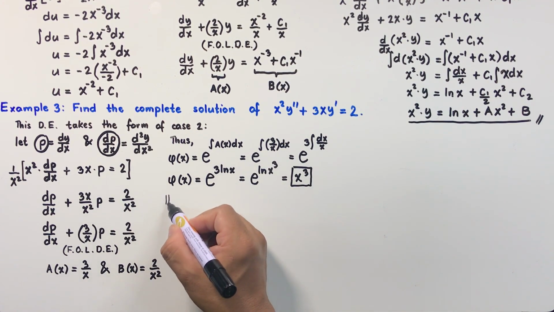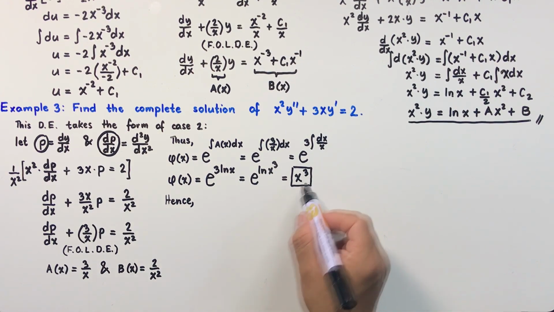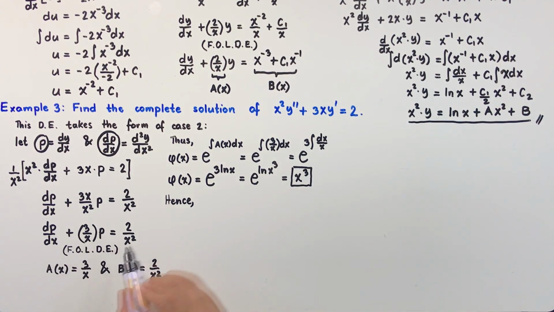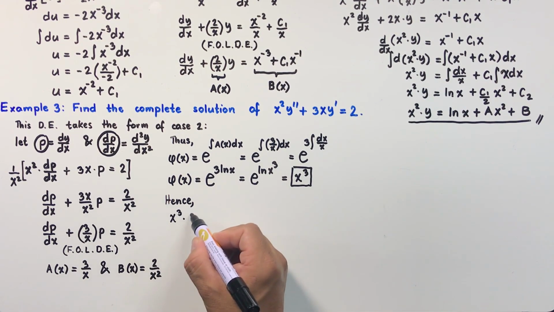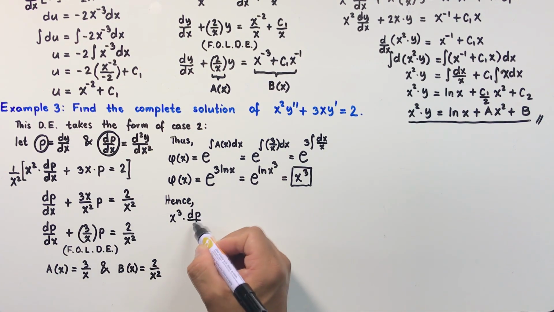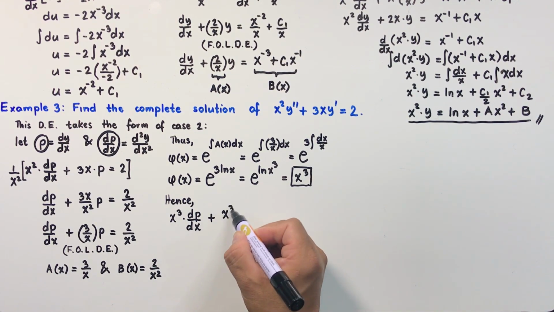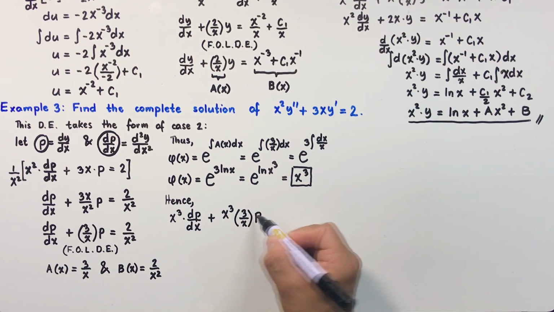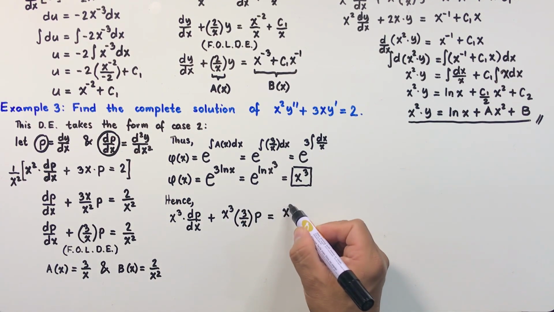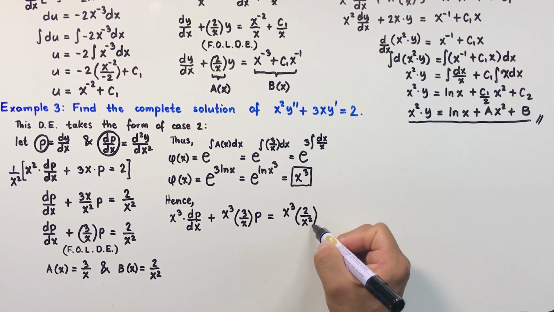Hence, if you multiply this integrating factor to each term in this equation, we have x cubed times the derivative of p with respect to x plus x cubed times 3 over x times p, which is equal to x cubed times 2 over x squared.